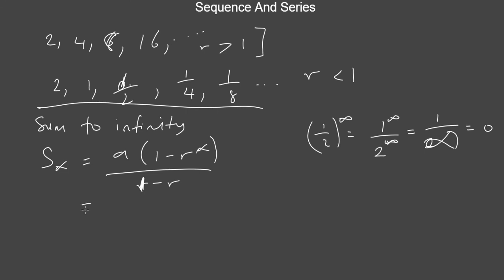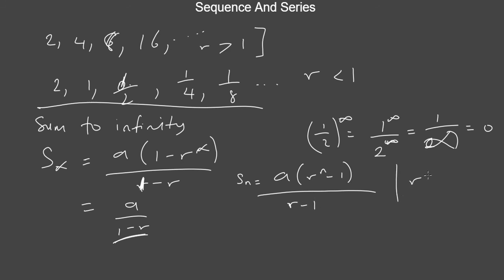So what this implies is the sum to infinity for this kind of sequence is a divided by 1 minus r, because this becomes 0. 1 minus 0 is 0, and eventually you have this. So this is the sum to infinity. Let's summarize what we have. Sn for a case where r is greater than 1 is a into bracket r raised to the power of n minus 1, divided by r minus 1.